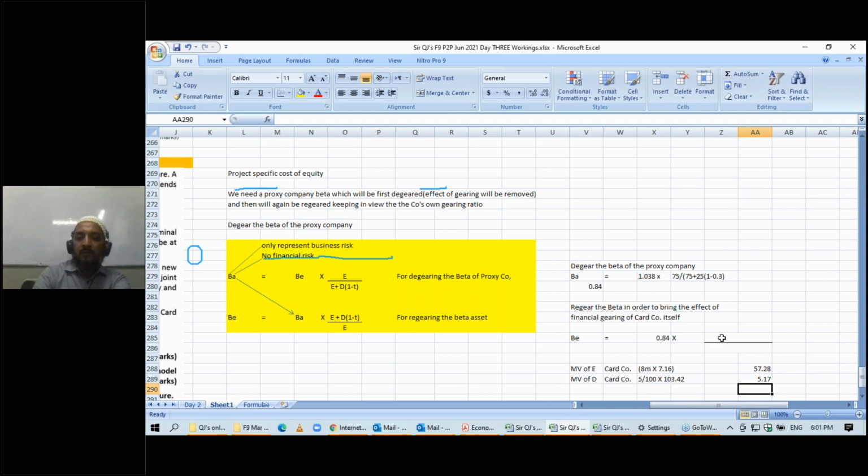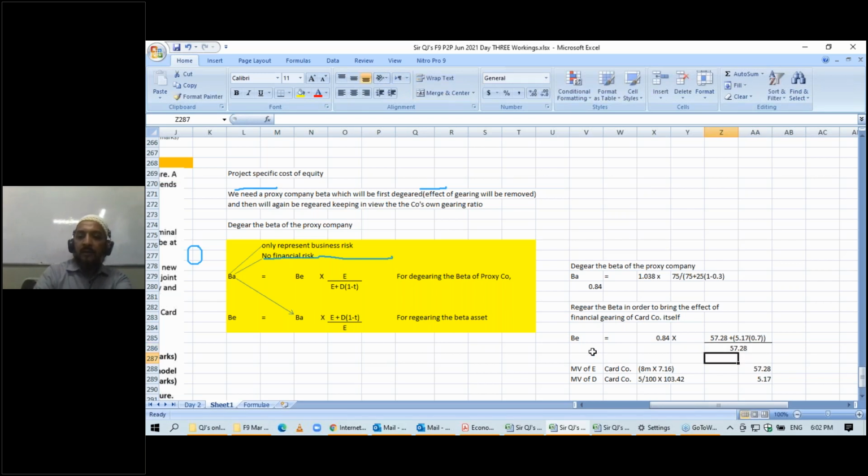Okay, so let's put in the values. The value of equity of the card company is 57.28 plus 5.17, multiplied by 0.7, which is 1 minus 0.3, and then divided by the value of equity, which is 57.28.